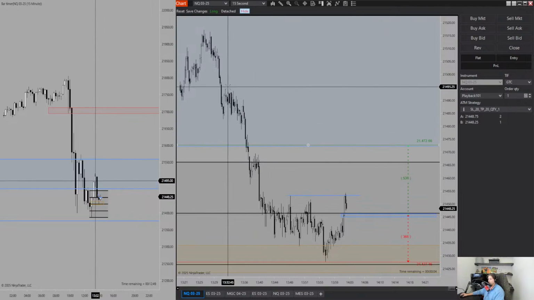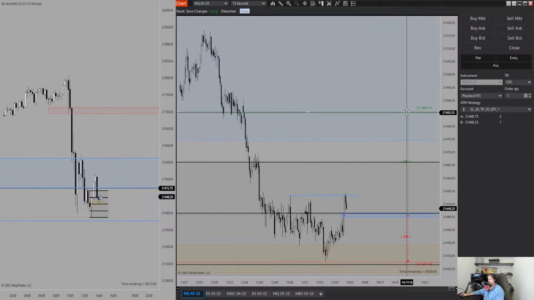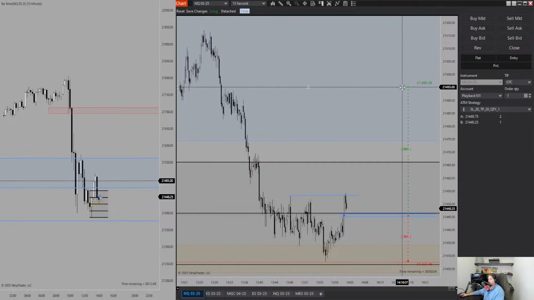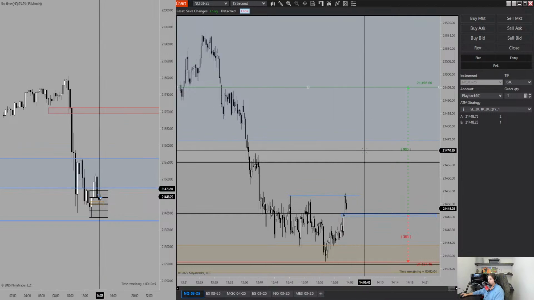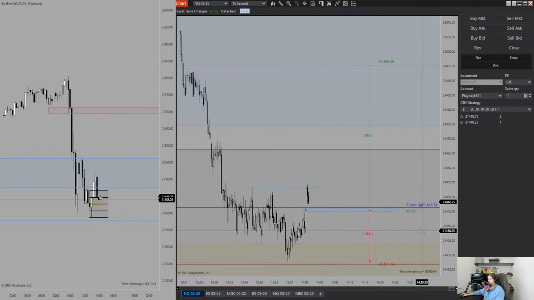I don't really like the targets up here. I think this could be a home run target, up here to this supply. That would be nearly a 3-to-1, 3 contracts.